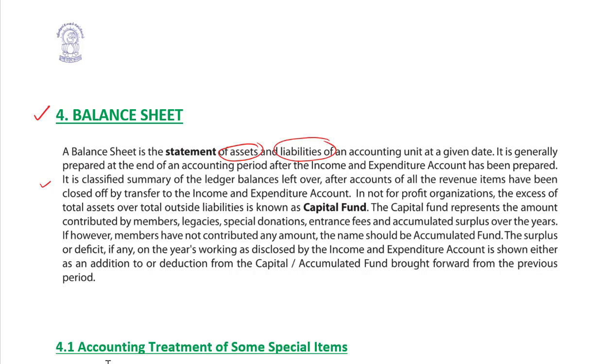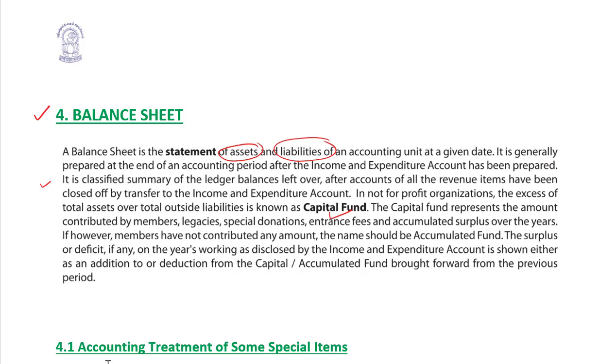In not-for-profit organizations, the excess of total assets over total liabilities is known as capital fund. The capital fund represents the amount contributed by the members, legacies, special donations, entrance fees, and accumulated surplus over the years.